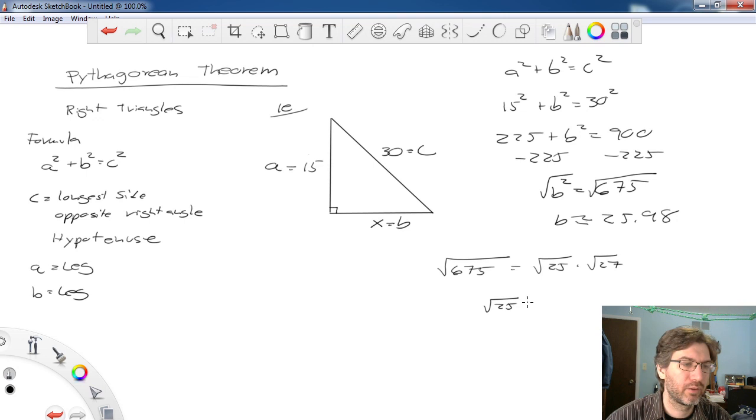So the square root of 25 times the square root of 9 times the square root of 3. That is 5 times 3 times the square root of 3, so 15 square roots of 3. Just double checking to see if that makes sense, and that does. That gives you the same answer. So you could leave it as that as well. So b here equals 15 square roots of 3.